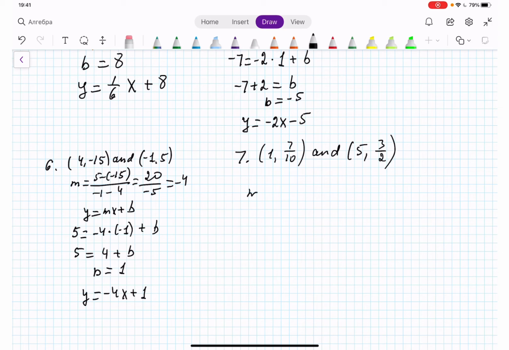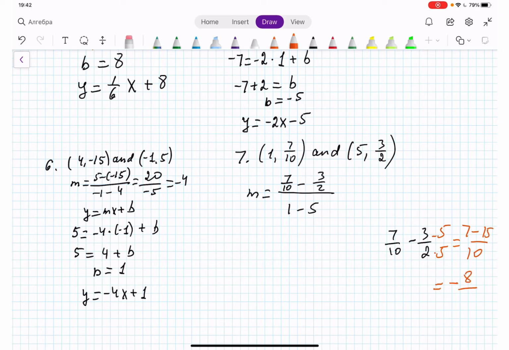Okay, m is equal to, I'm going to go y2 minus y1, 7 over 10 minus 3 over 2, and then 1 minus 5. So let's see, 7 over 10 minus 3 over 2. Common denominator is 10. So which means here is 5, here is 5, and we are getting 10. 7 minus 15 is going to be negative 8 over 10. So it's going to be negative 4 over 5.